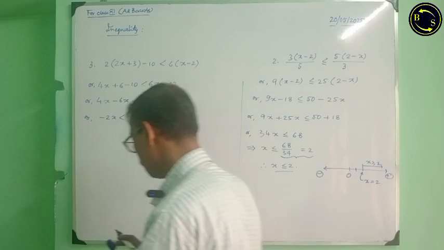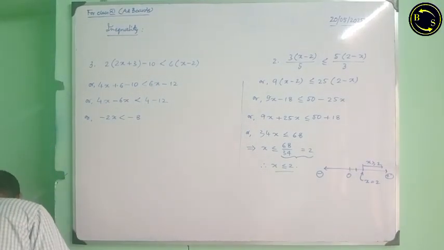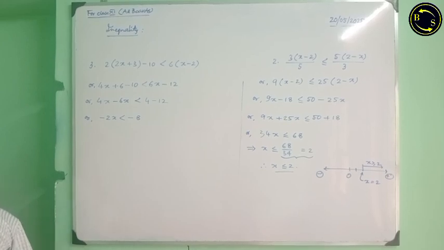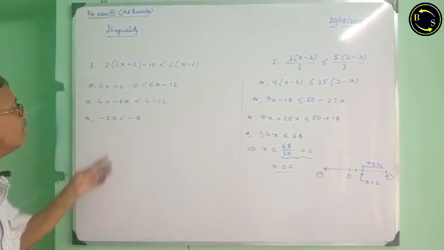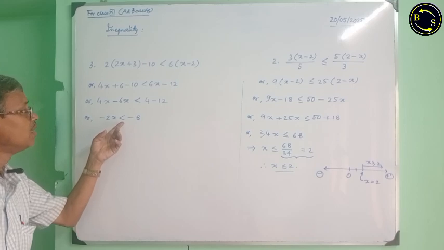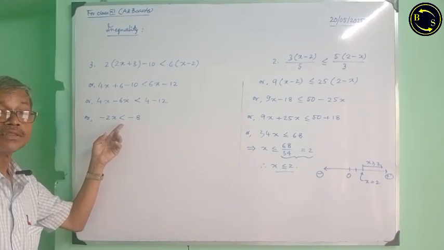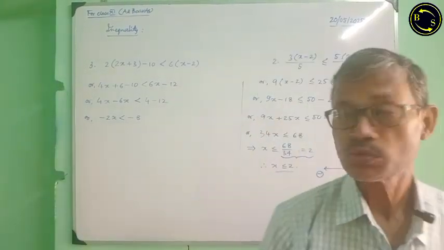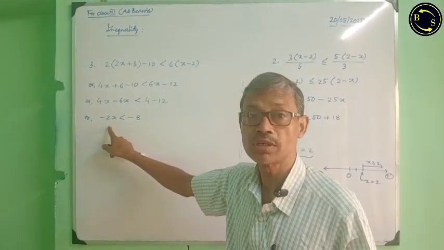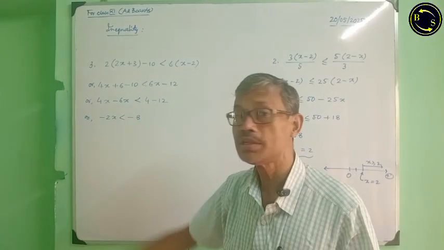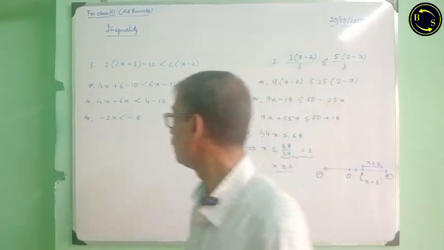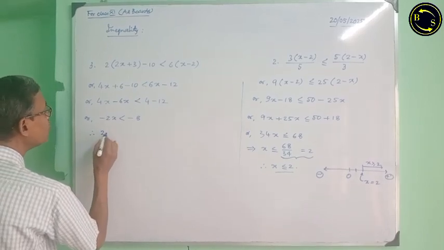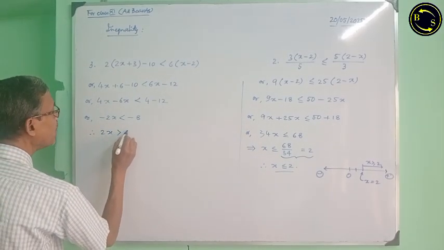To make it positive, what to do? We have to multiply by minus 1, and here the inequality is less than, therefore if we multiply both sides by minus 1 to make minus 2x positive, then this inequality symbol will be reversed. Keeping that in mind, therefore 2x greater than 8.